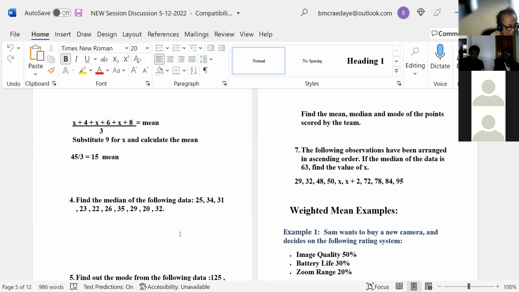But you don't get 2 medians. Median is only one value, Maureen. Median is one value. I didn't say mode, I said median.